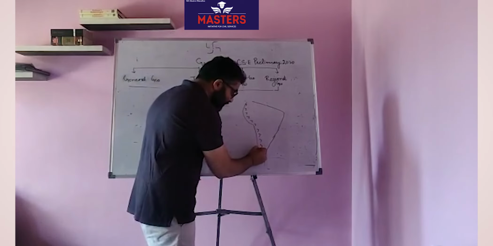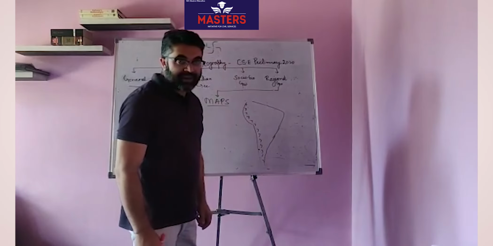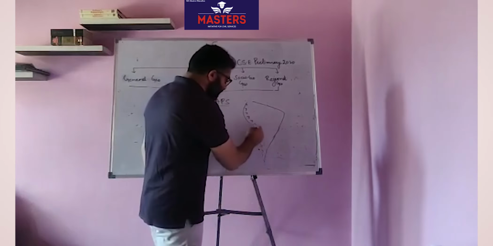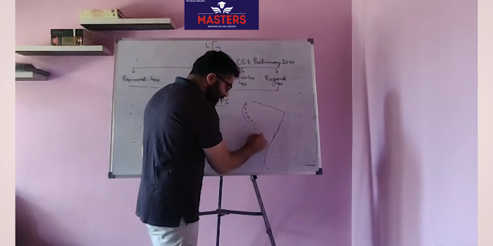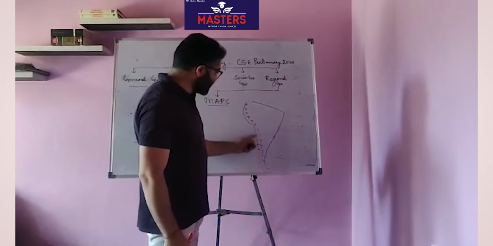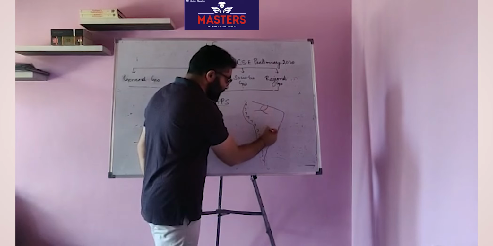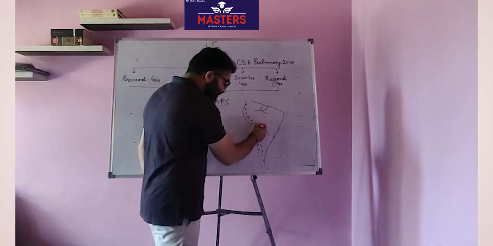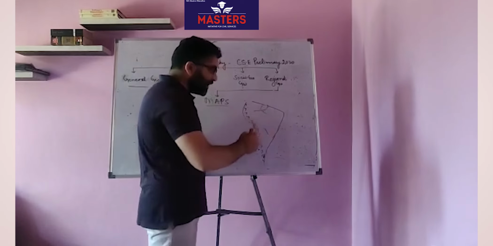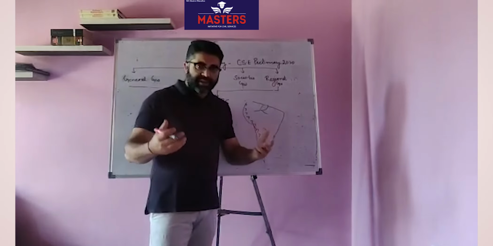Then we have some highest peaks of the Andes like Mount Aconcagua. Then we have some highest volcanic peaks like Ojos del Salado and others. Then we have some rivers flowing through this and so on. We have the Atacama Desert and the Patagonian Desert, and so many other features.